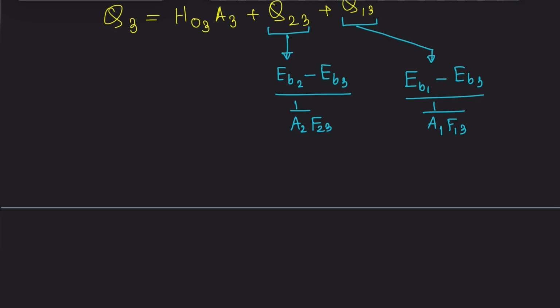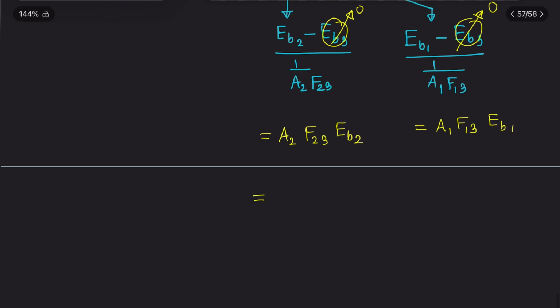If we simplify this, it will become A2 F23 EB2, since EB3 is 0, and A1 F13 EB1.